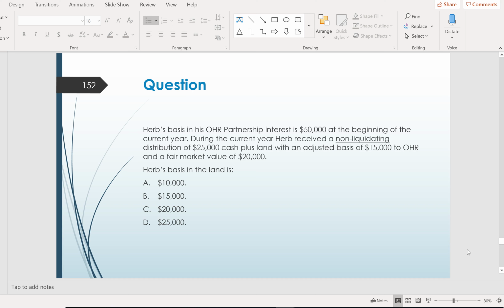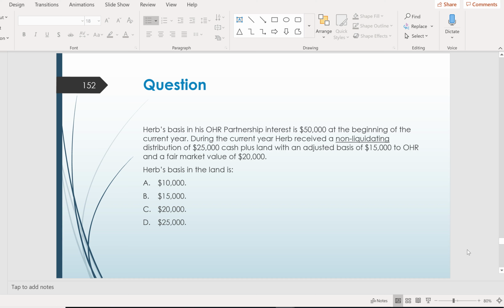Okay, so they ask you this kind of thing. First thing you've got to do is subtract the cash from his $50,000 basis, which brings his basis down to 25. So now you've got Herb at a 25,000 basis. Then what about the land? Well, when assets come out of a partnership, they come out at basis.